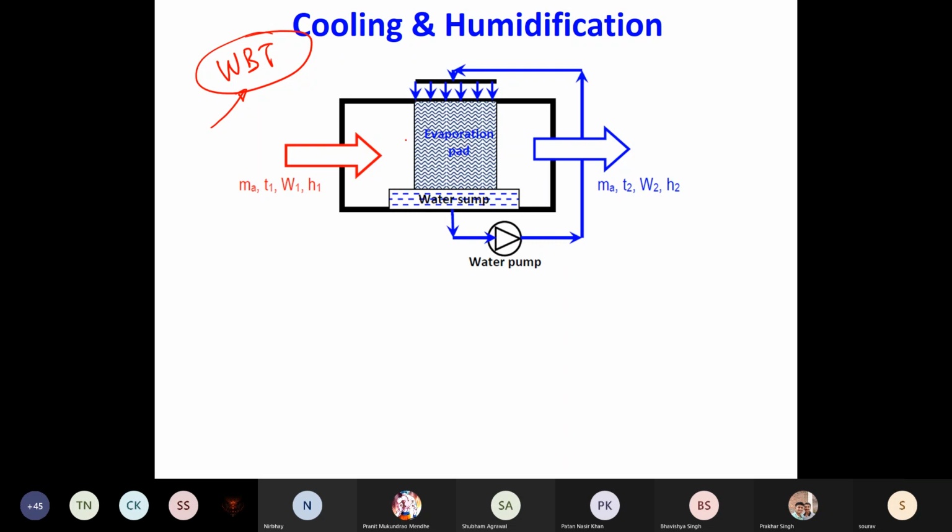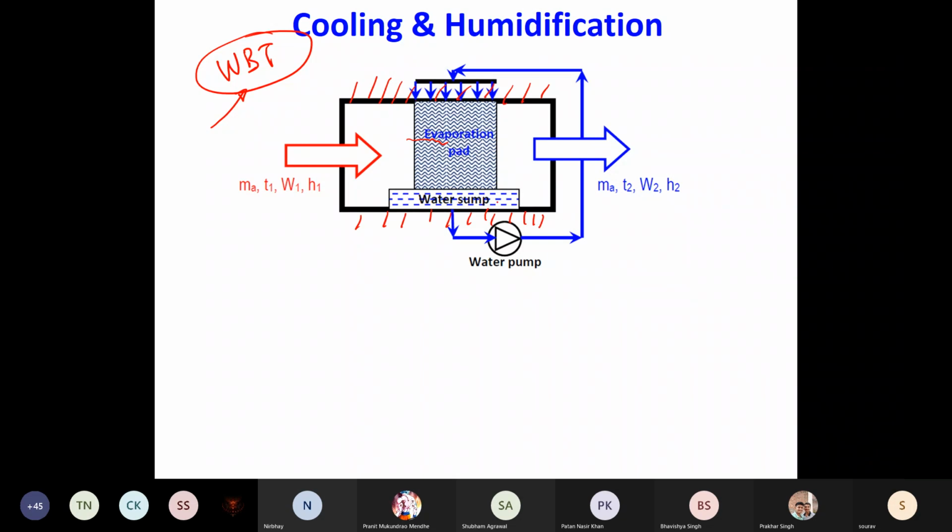And then as air comes in contact with this pad, it will humidify, and the latent heat of vaporization would be provided by the incoming air itself. And that will only happen if you have this entire box completely insulated. There is no heat transfer from the outside.